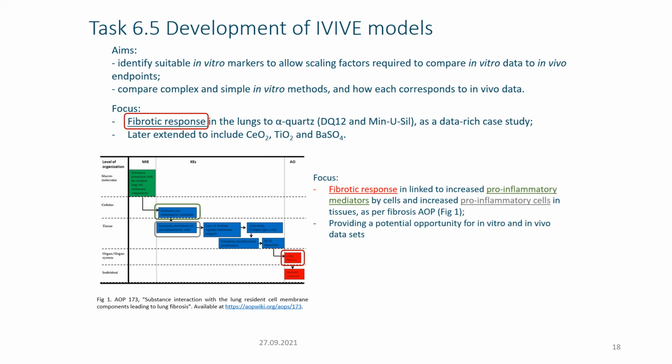And we focus on fibrotic responses because it's linked to increased pro-inflammatory mediators and pro-inflammatory cells in tissue, as in the fibrosis AOP. And this will provide a potential opportunity for in vitro and in vivo dataset comparison.